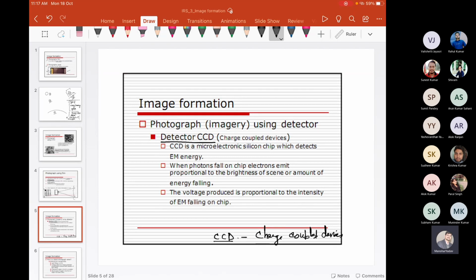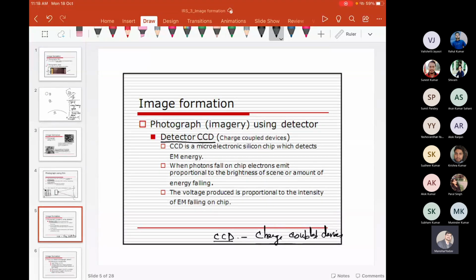This charge coupled device is an electronic component that senses the energy falling on its surface, and on the basis of the amount or intensity of energy that falls on the CCD surface, the equivalent electrons are generated.